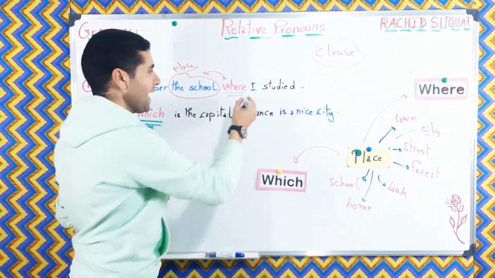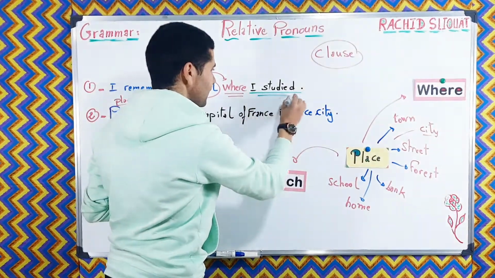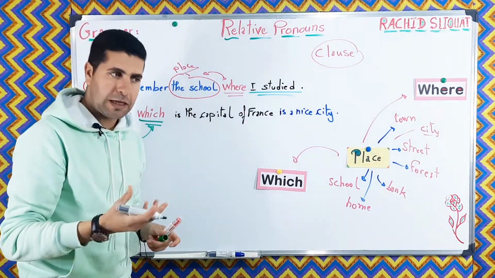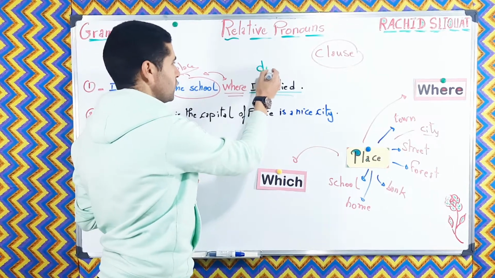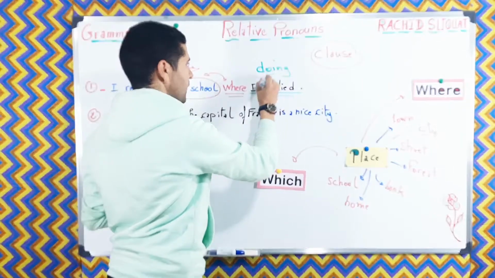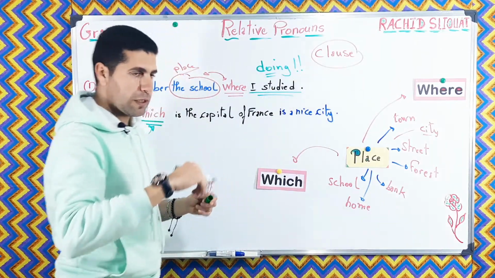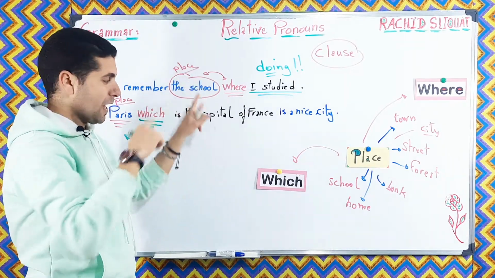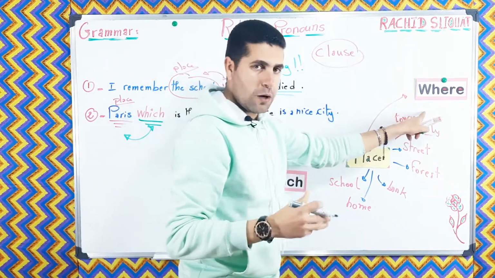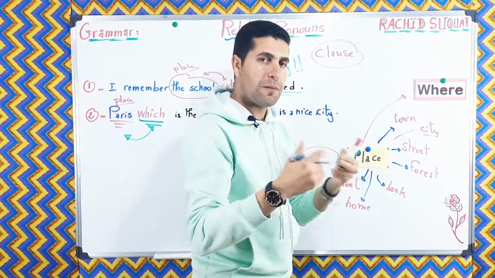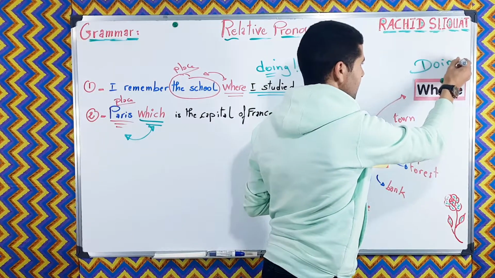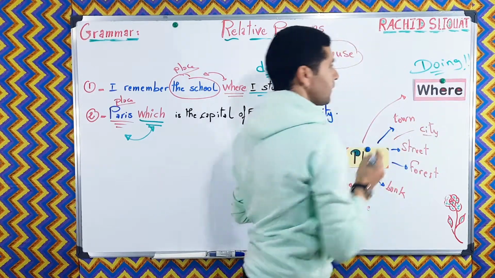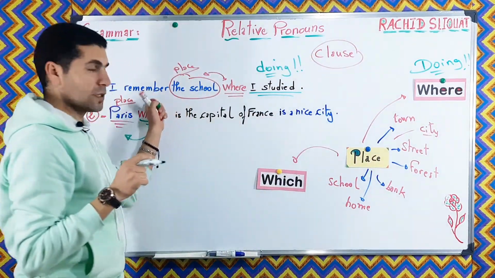Now look at the difference, look at the following clause: I studied. Studying, working, playing, these are things that we do. These have to do with doing something in the place. Therefore, when we use where, it is always when we talk about something that we do in that place.